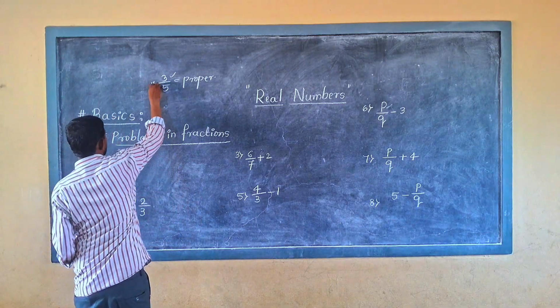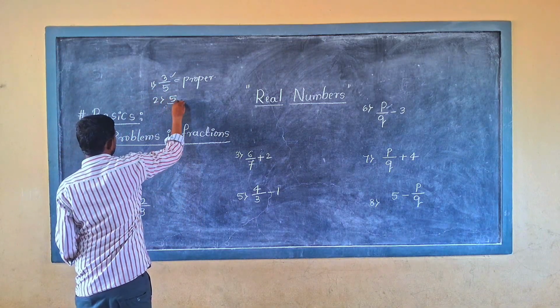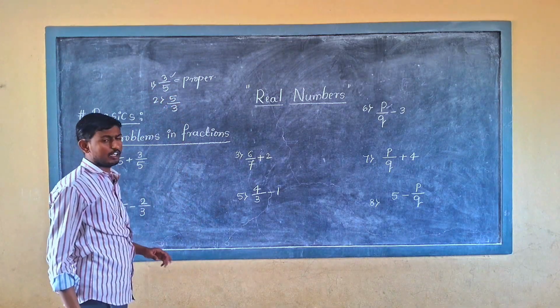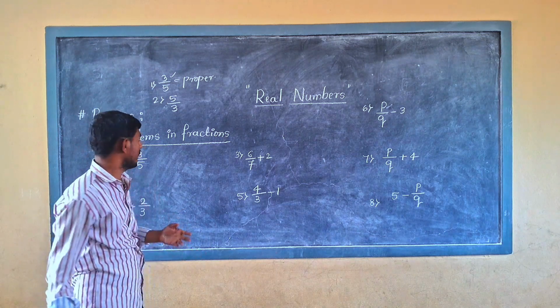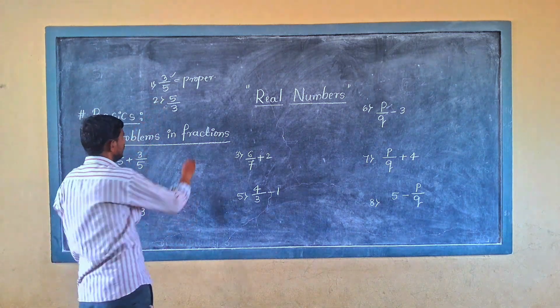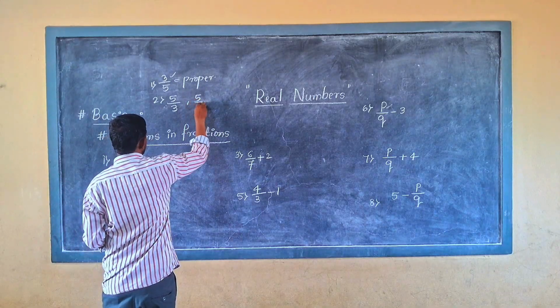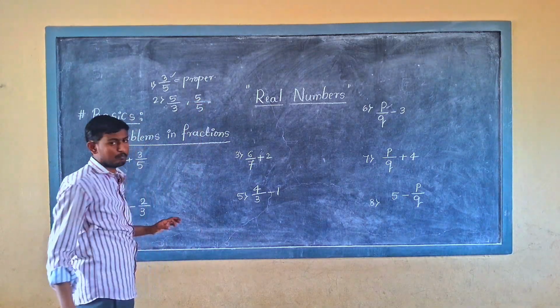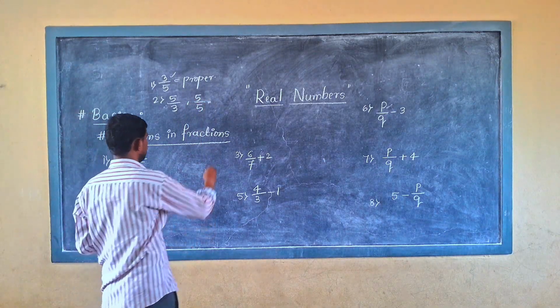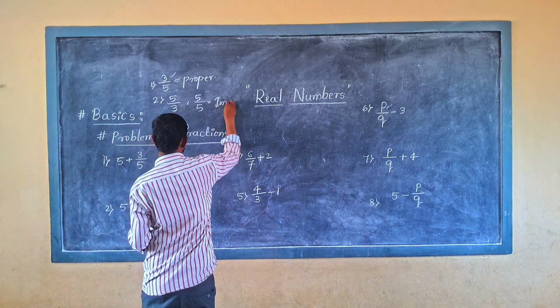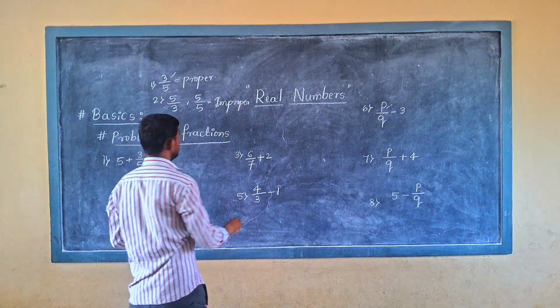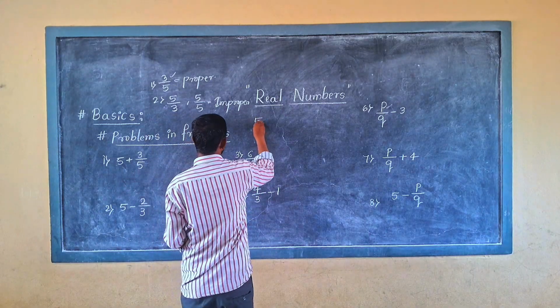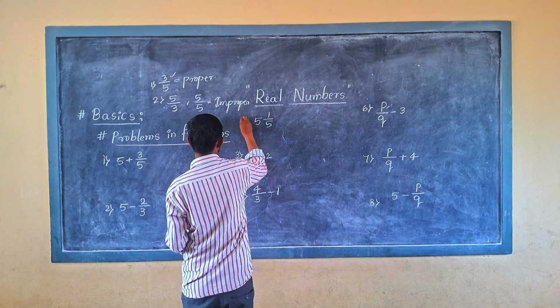And if the numerator is greater than or equal to the denominator, it is called an improper fraction. For example, pi by 3 or 5 upon 5. These examples belong to improper fractions. And the third one is 5, 1 upon 5.